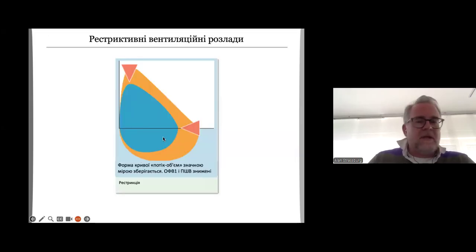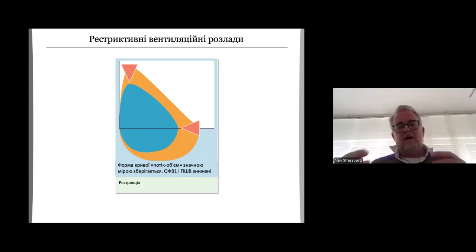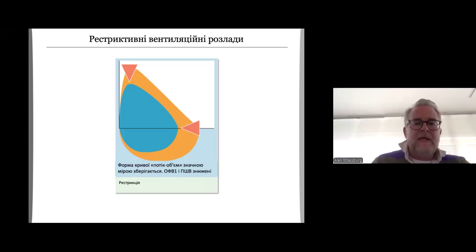Then we've got the restrictive ventilation disorders. Those are the patients that don't have problems with their bronchi themselves, but with a total volume of the lung because of fibrosis or because of a disorder of the spine or the thorax itself.